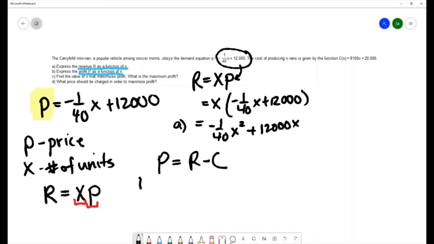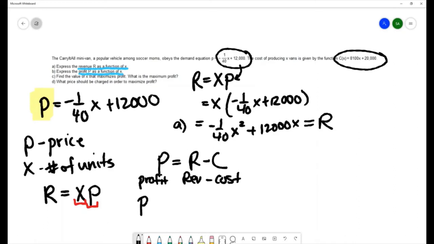This is profit is revenue minus cost. And we just calculated revenue right here, so this is R, and then cost was given to us, so we're going to be able to calculate profit.